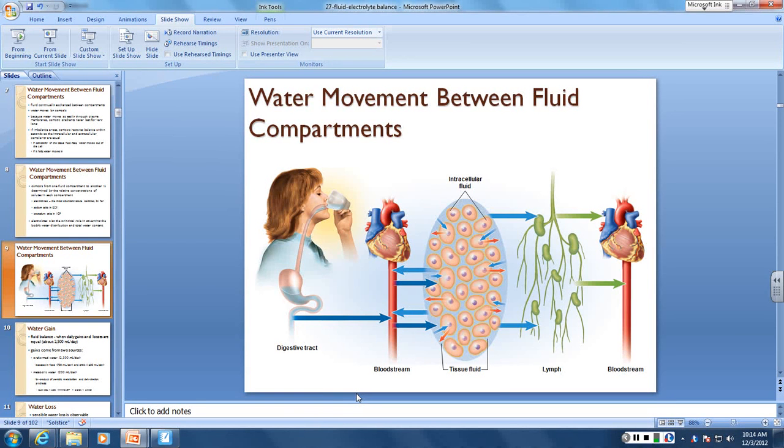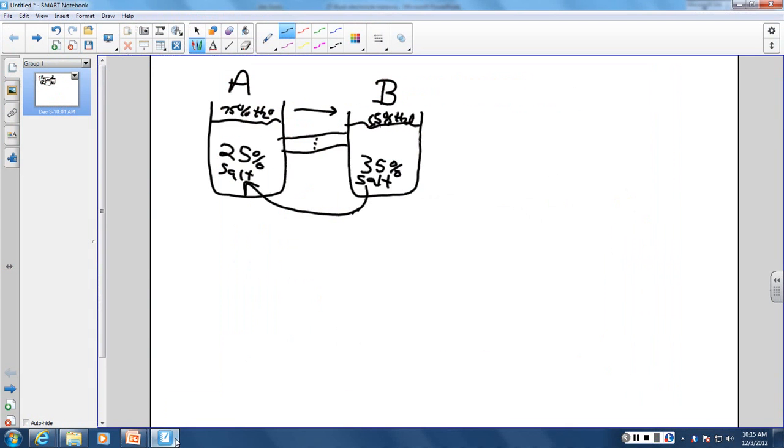So remember, wherever there's a higher salt concentration, there's a lower water concentration, right? So by increasing the osmolarity of blood, basically what you have is the situation we just mentioned. What we've done is made blood like B. So if you think of A as the tissue and B as the bloodstream, we've increased the osmolarity in the blood.